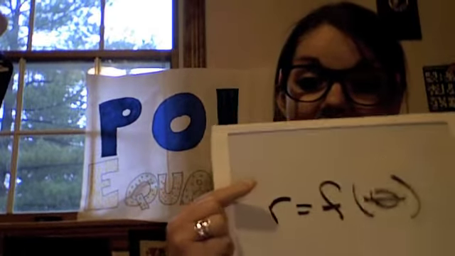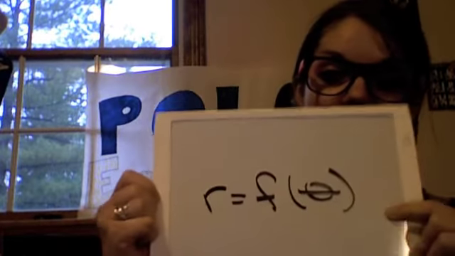Then you calculate the corresponding r values by plugging theta into the f of theta equation, and then you plot those pairs, r theta, in the polar coordinate system. It is very simple, and I will show you.